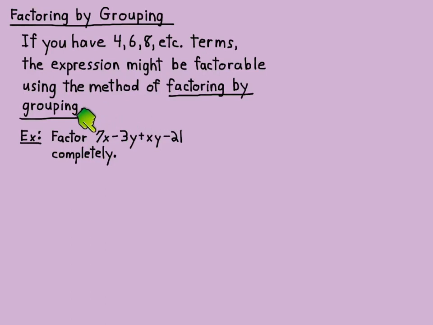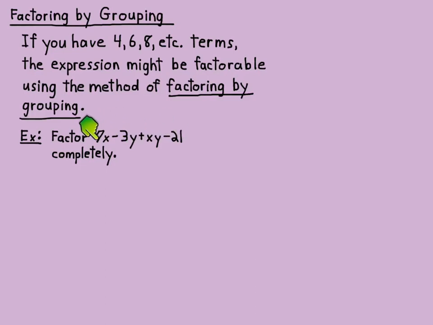So we would look at the first 2 and ask, do those 2 have any factor in common other than 1 or minus 1? Those don't count. There's a 7, no 7 here; 3 here, no 3 here; x, no x here; y, no y. There's nothing in common for these 2. So you say, I can't do factoring by grouping then. Well, sometimes these things just have to be put in a different order.